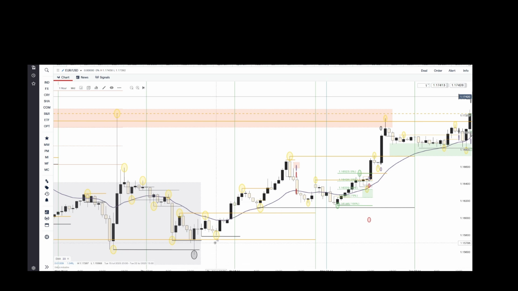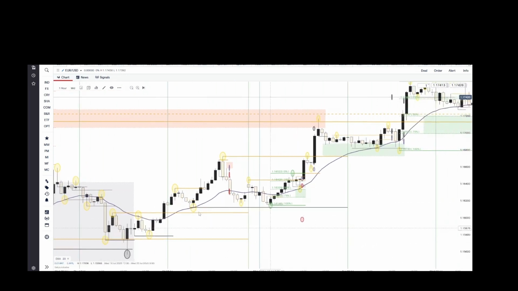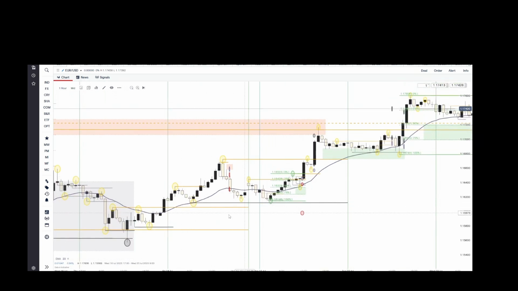See, it doesn't happen all the time. I was looking for price to come back to the 50 to 75%, and it only came back to here and then went, so I got left behind. So at this point, there was no trade for me.